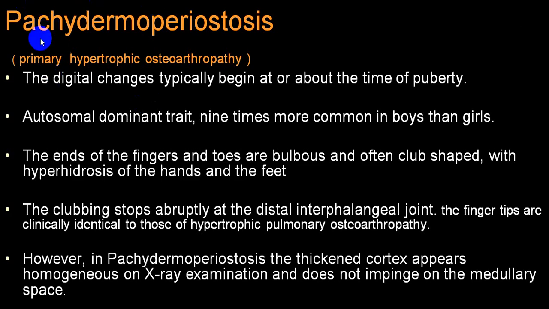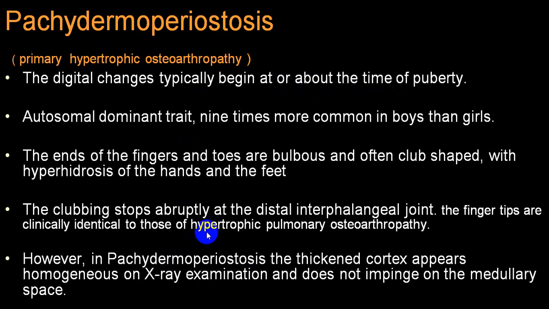It is also labeled as primary hypertrophic osteoarthropathy or periosteosis. And this will happen, digital changes typically begin at or about the time of puberty. And this is described as a primary hypertrophic osteoarthropathy, where you will have a thickening demonstrable on an X-ray examination.